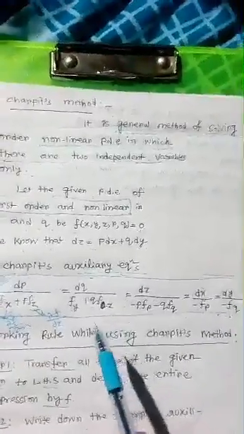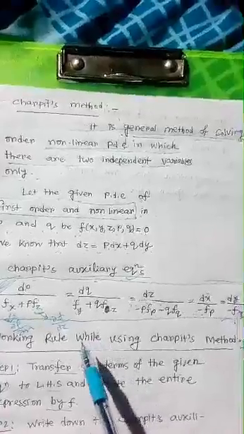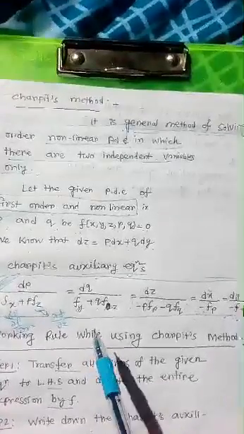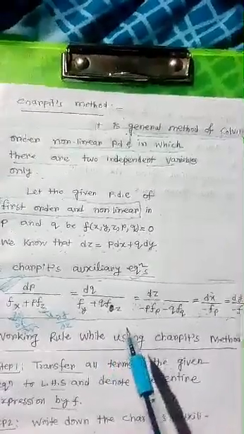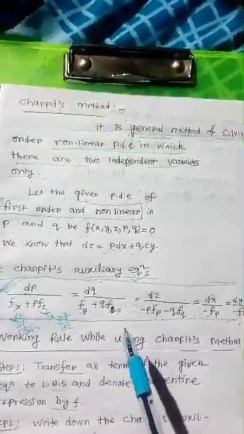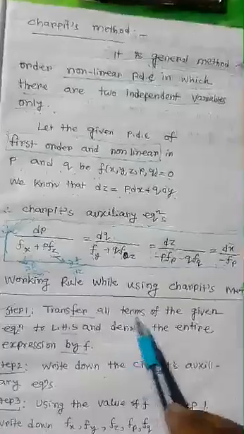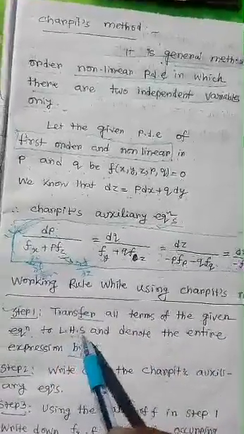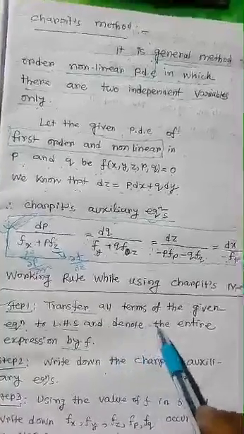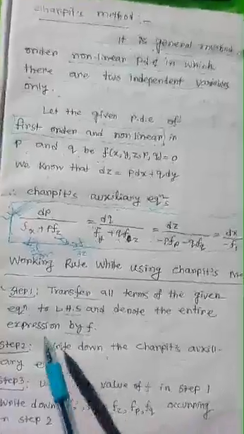Now we want to focus on the working rule while using Charpit's method. There are 5 steps to solve an equation by Charpit's method. We discuss them one by one. Step 1. Transfer all terms of the given equation to the LHS and denote the entire expression by F. Step 2.